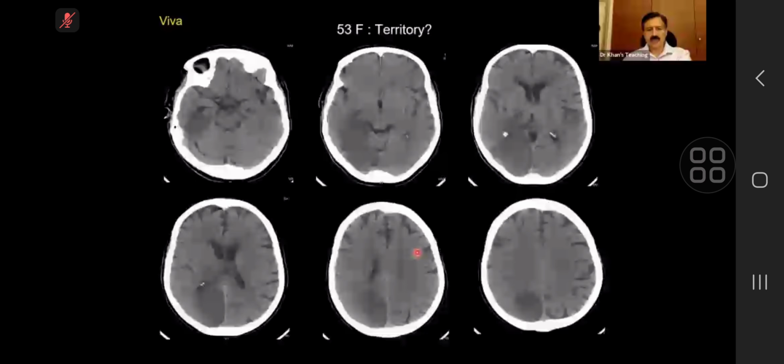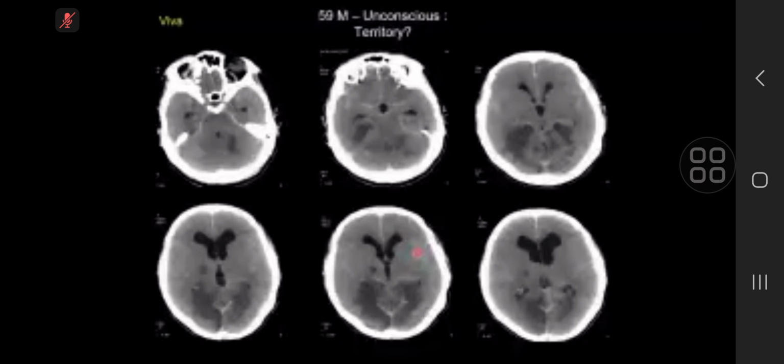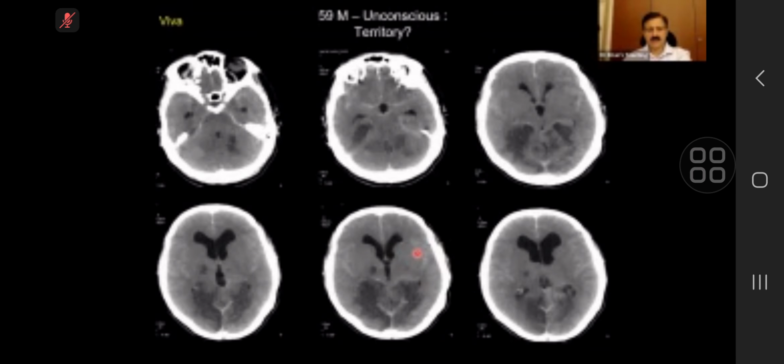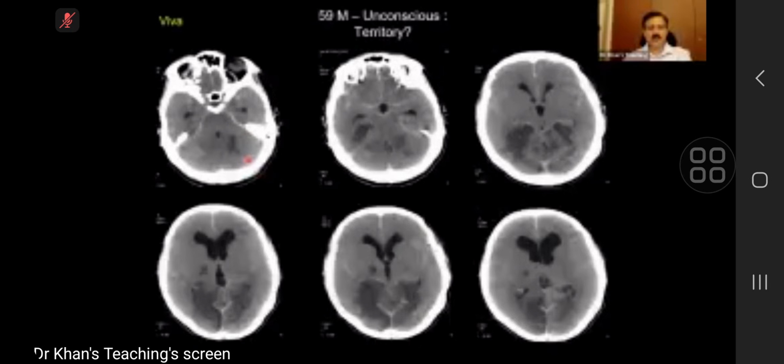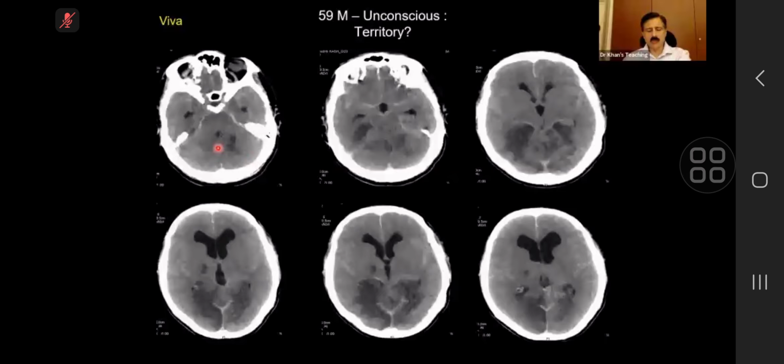Which territory? Right PCA. Which territory? It's bilateral. Could it be basilar? Excellent. So it has to be basilar, posterior circulation. And here is my point. Look at this thalamus, and part of it is involved. The thalamus has a variable supply, but remember that it will usually be a dual supply.